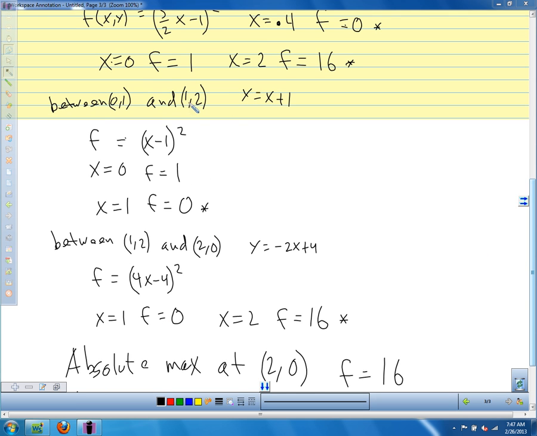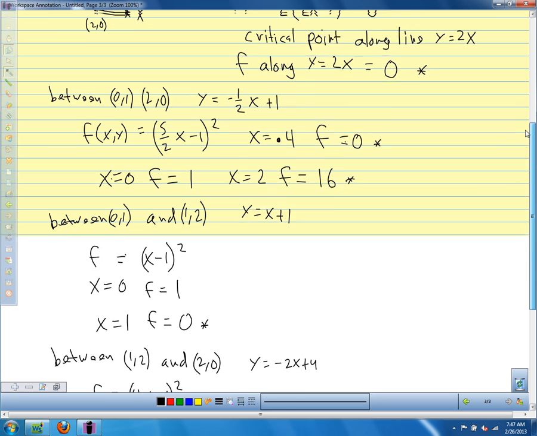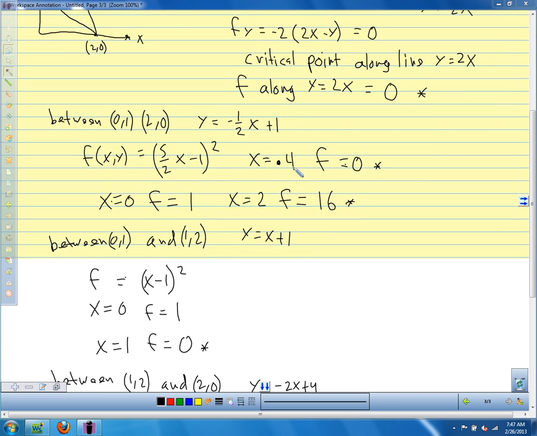This one was at (1, 2), and this one was at x equals 0.4, and we can figure out what y is there. If we plug in 0.4 for x here, what is it? 4/5.